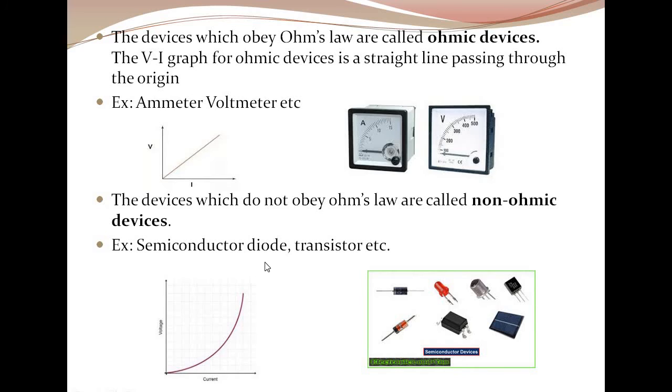For example, semiconductor diodes like the Zener diode, normal diode, tunnel diode, LED, and transistors, and also the solar cell. These are the non-ohmic devices.